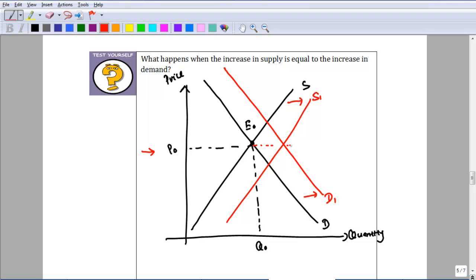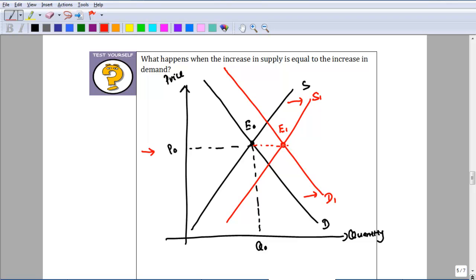Now find out what is your quantity demanded. You notice your quantity demanded is here. Quantity supplied is also here, correct? Why? Because this point is where both your supply curve and your demand curve intersect. It's your new market equilibrium point.